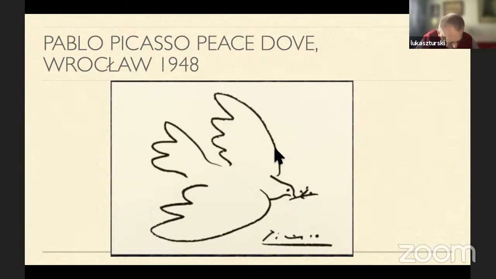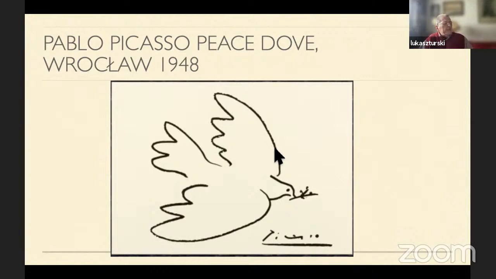And Picasso took a piece of charcoal which he carried in his pocket and drew that picture. This is a famous dove of peace. Well, it has biblical connotations.